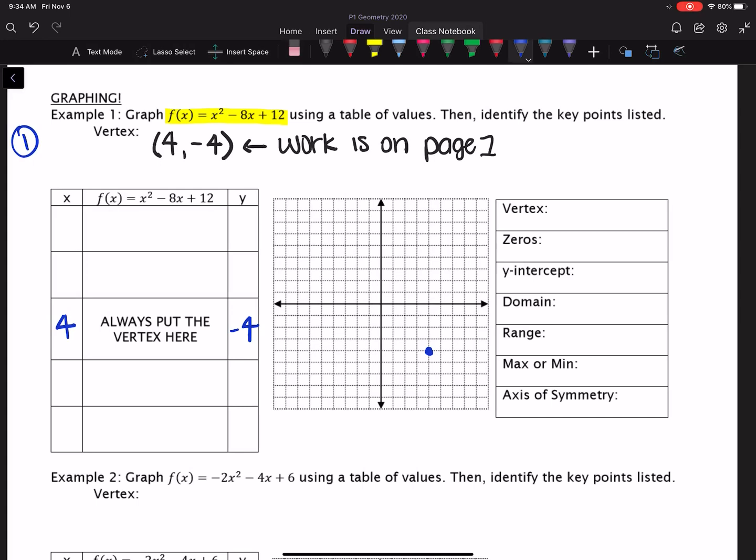So my second step is to find those points. I'm going to fill in some x values that are directly to the left and to the right of the x coordinate of my vertex.